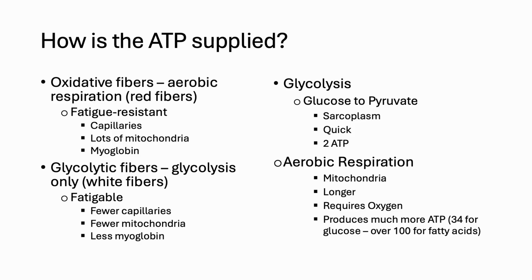So we mentioned the ATPase enzyme, that it can be fast or slow. But in this slide, we're going to talk about the actual ATP, the energy, and how that is supplied by the muscle fiber. There are really two different ways that ATP can be supplied. First, look at the right of the slide with me. Glycolysis is a process that happens in the sarcoplasm of a muscle fiber.